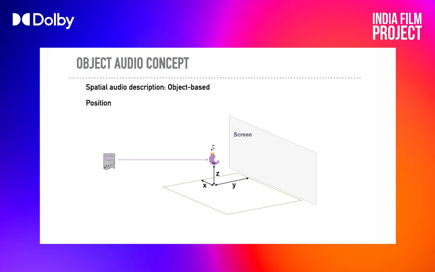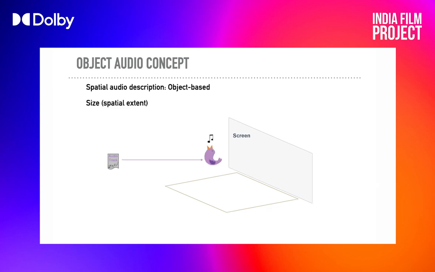This is one important parameter for object-based audio. Each object has its own unique position, and it's not static, it's dynamic. If something has to move, that position is recorded in real time as the sound travels through the space. So it's what we call dynamic positional metadata.